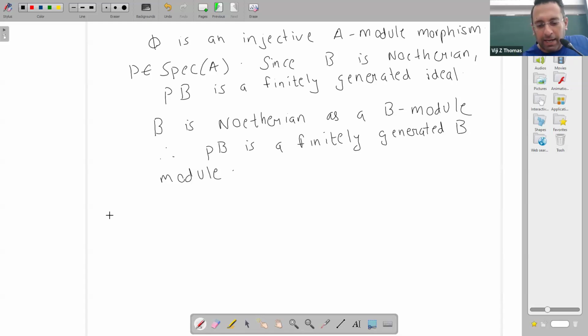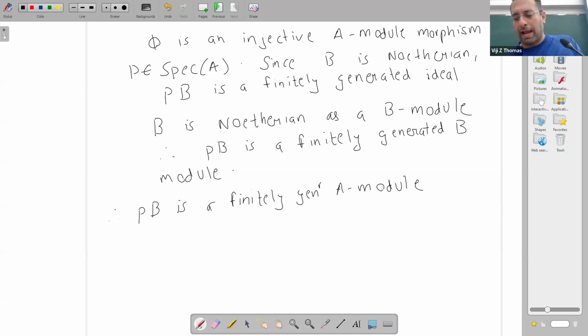Now, let me write the statement and I will tell you why. Therefore, PB is a finitely generated A module. You may wonder how this is coming, but this is a very simple fact. Let's say you have a homomorphism of commutative rings A to B, B is a finitely generated A module, and M is a finitely generated B module.